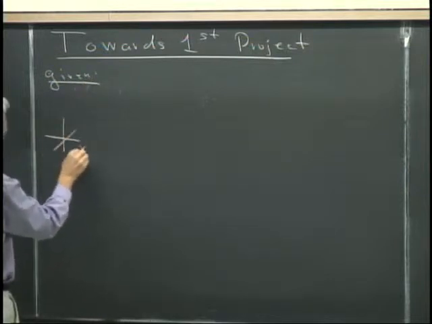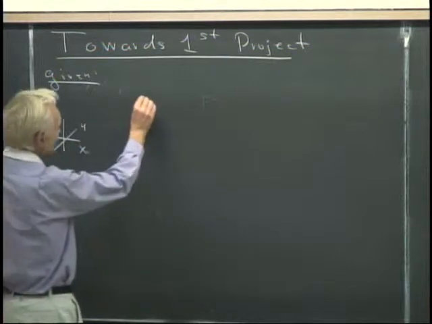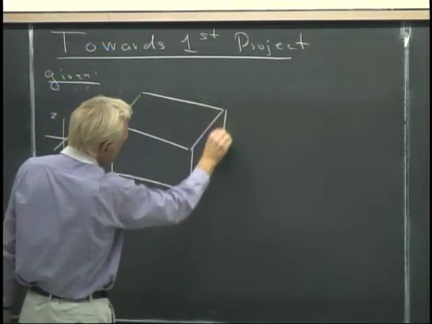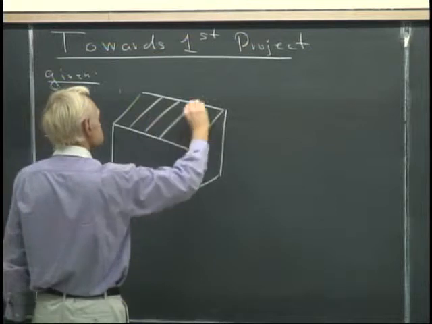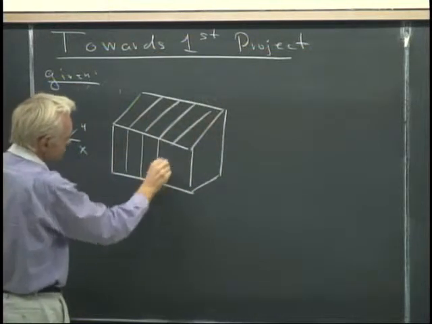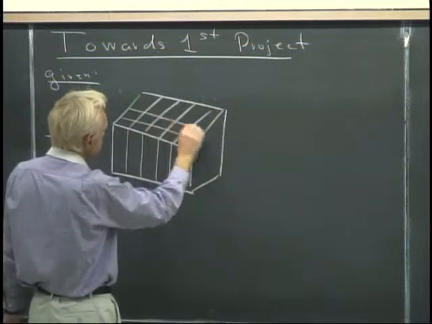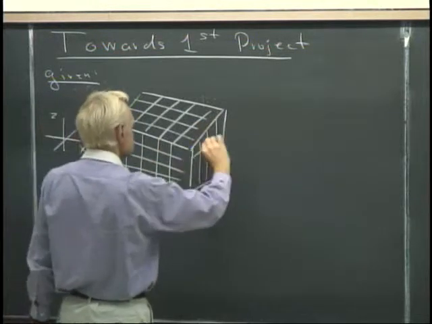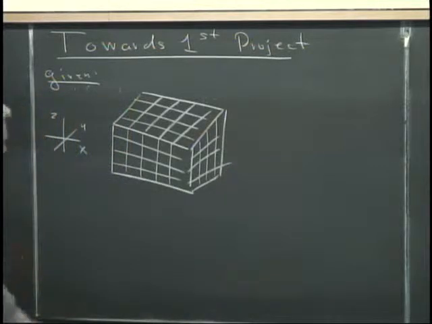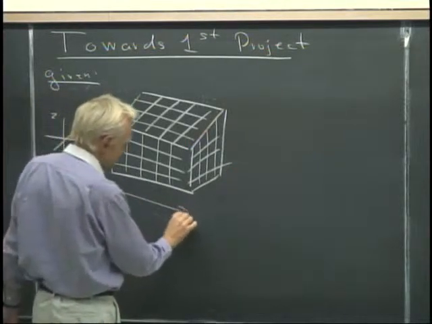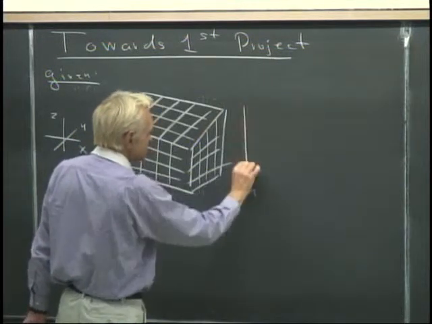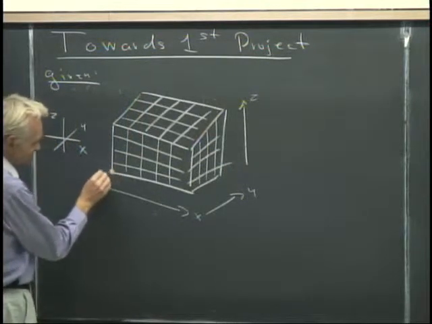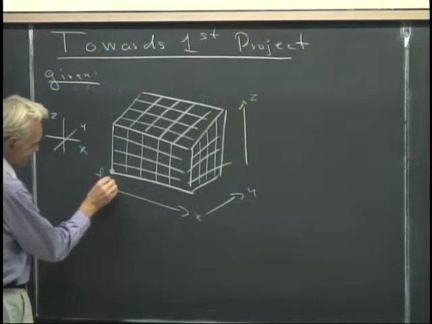Given in XYZ space is a very nice Cartesian mesh of uniformly spaced samples in XYZ direction, and we call these original samples or measurements F_0,0,0.